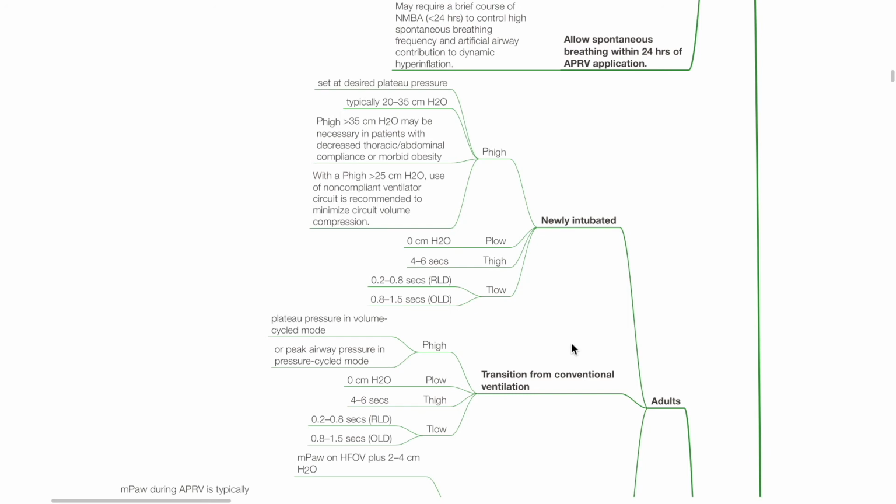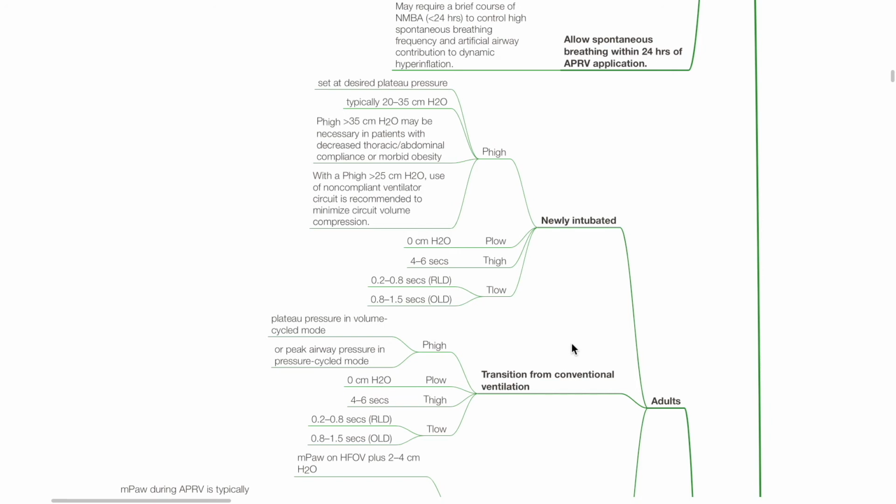Setup. For newly intubated adults, P-high is set at the desired plateau pressure, typically 20 to 35 cm H2O. P-high of 35 cm H2O or more may be necessary in patients with decreased thoracic or abdominal compliance or morbid obesity. With a P-high of 25 cm H2O or more, use of a non-compliant ventilator circuit is recommended to minimize circuit volume compression.